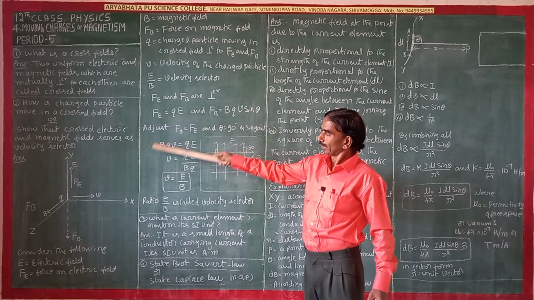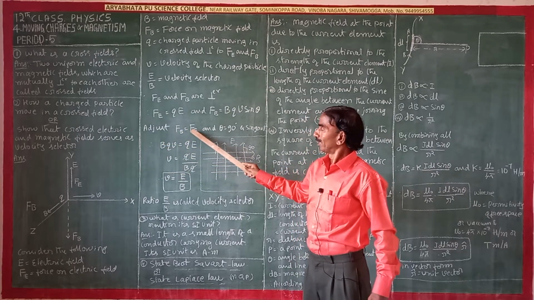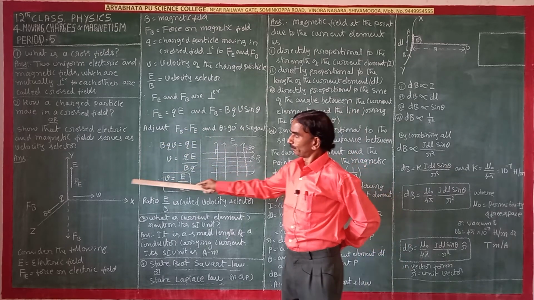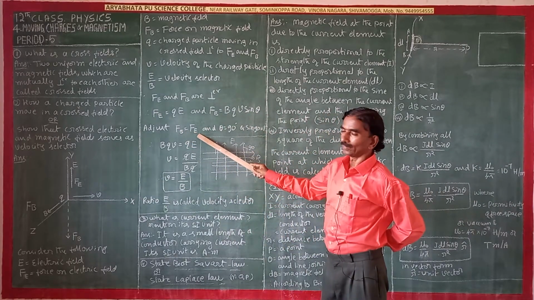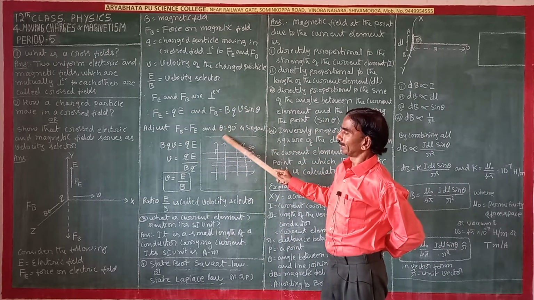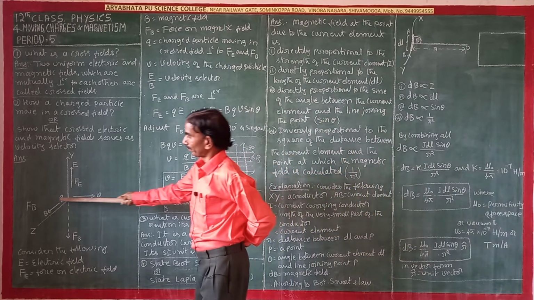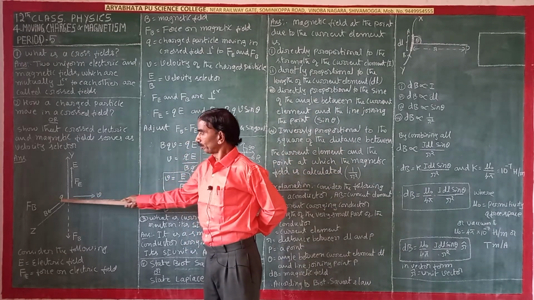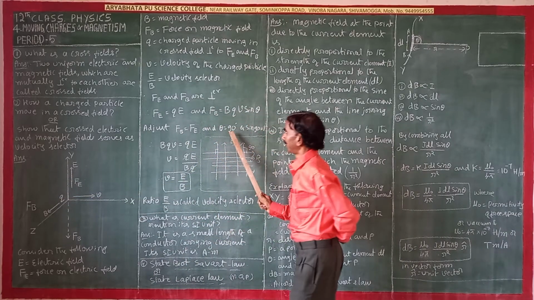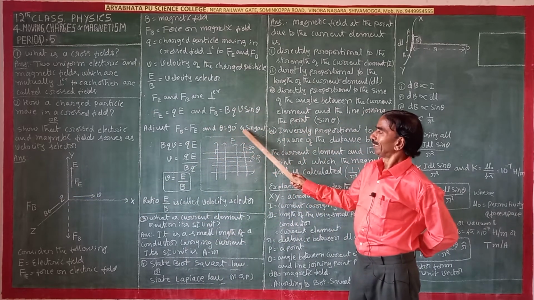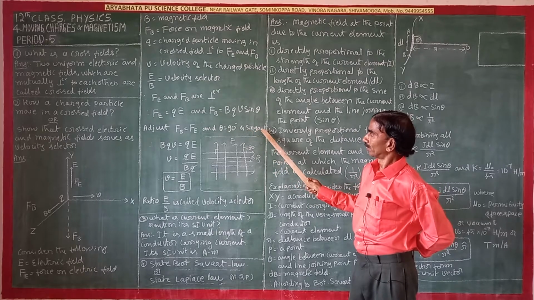Adjust the electric and magnetic forces so that Fb is equal to Fe, and theta is equal to 90 degrees. Theta is already 90 degrees because the charged particle is entering perpendicular to the electric and magnetic field. Perpendicular means 90 degrees, so sin theta is equal to 1.